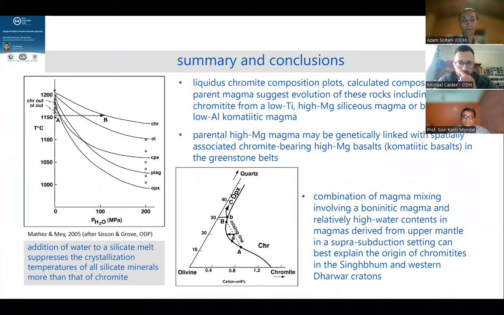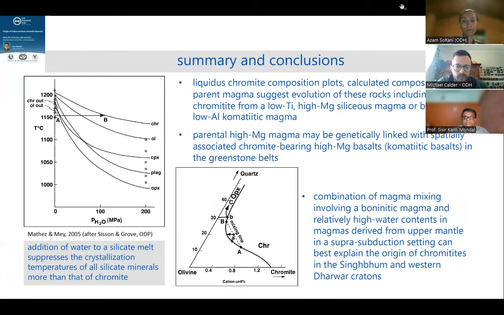And the parental high magnesium magma may be genetically linked with the spatially associated chromite-bearing high magnesium basaltic magma, chromititic basaltic magma, present in the extrusive system, which we have within the greenstone terrain.